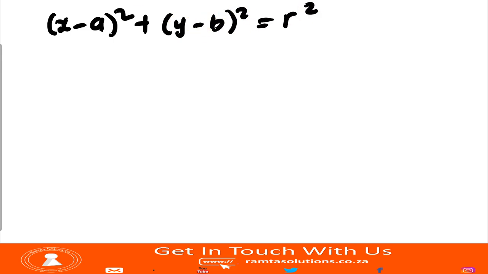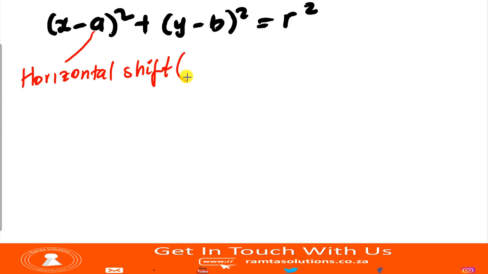So what we are saying, let me use a different color, is that this represents horizontal shift. If you don't want to say shift, you can say horizontal translation. What does it mean? It means movement left or right.